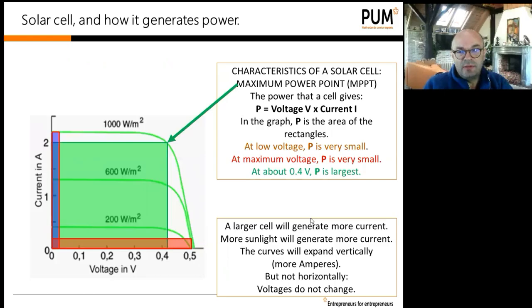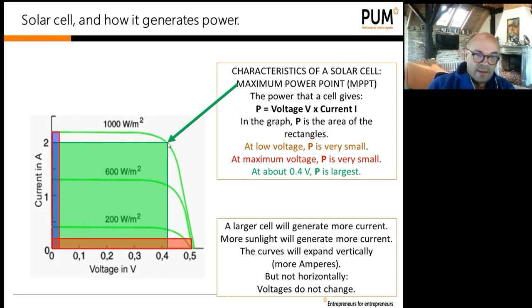And you see that we call it the maximum power point. At this point, if you have a voltage of 1.1, you have a high current. If you have a high current, you have very low voltage.